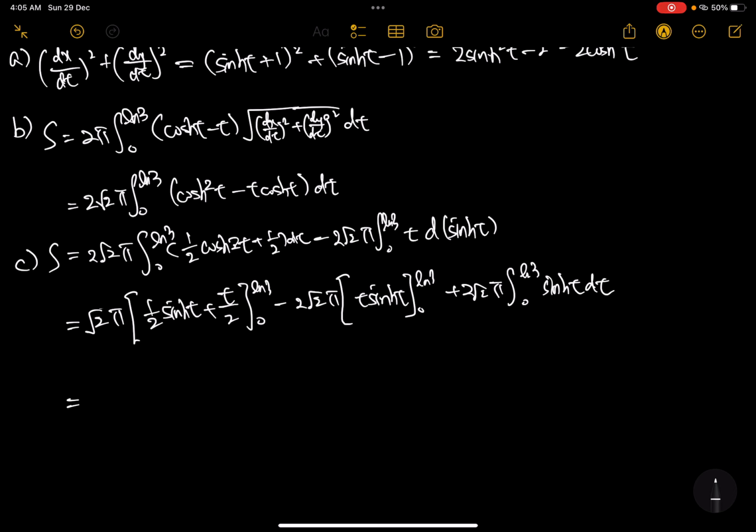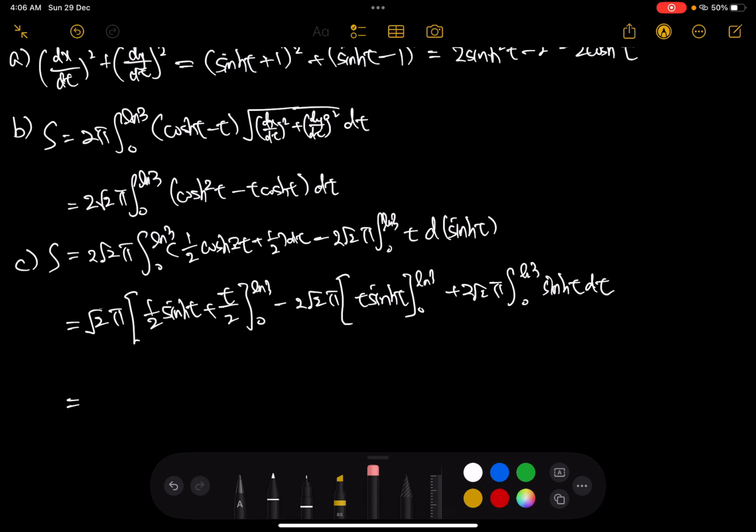So let's use my calculator because I'm tired and I can't do math in my head. So that's 3 hyperbolic sine of, that's 2t not t.